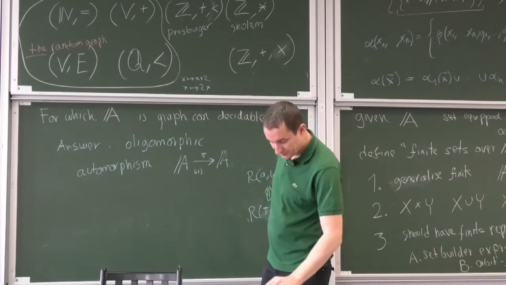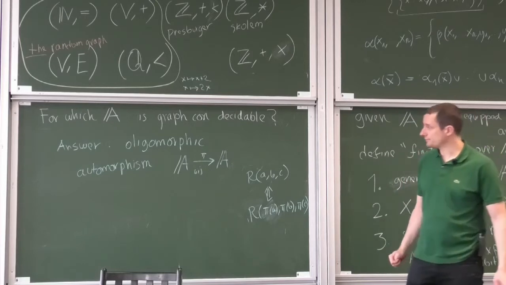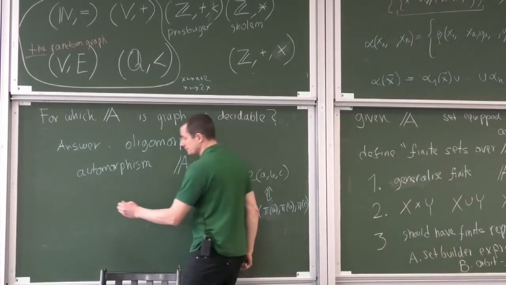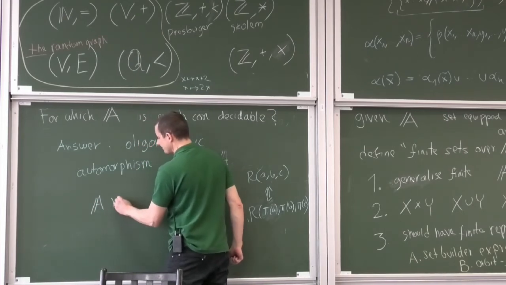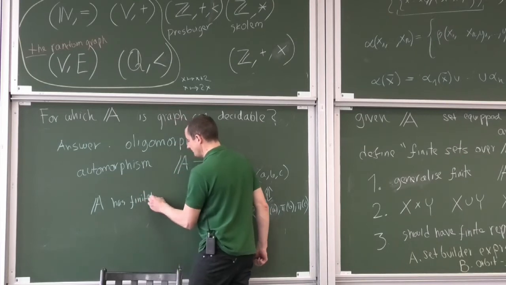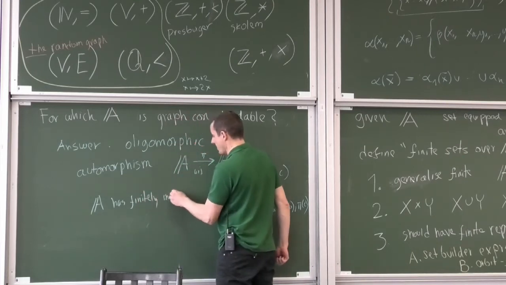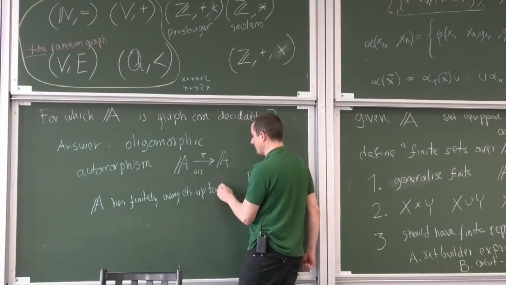And then we now define what an oligomorphic structure is: A has finitely many elements up to automorphisms.